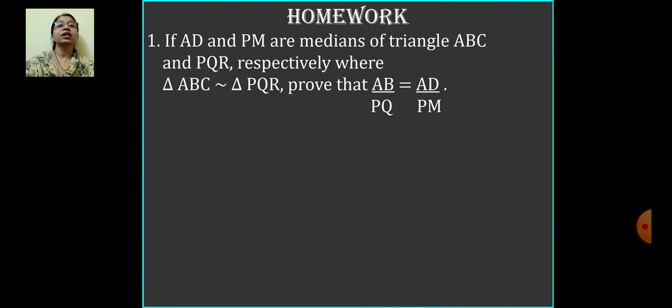If AD and PM are medians of triangle ABC and triangle PQR respectively, where triangle ABC is similar to triangle PQR, then prove that AB upon PQ is equal to AD upon PM. This sum is very much similar to the median sum which we have done. So you can try this, you will get it very easily.